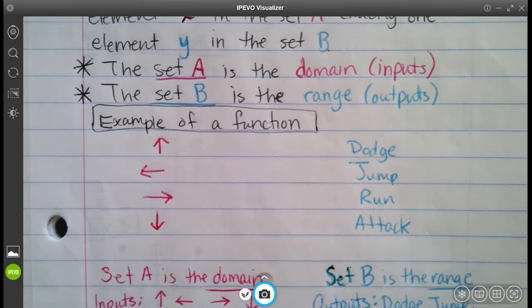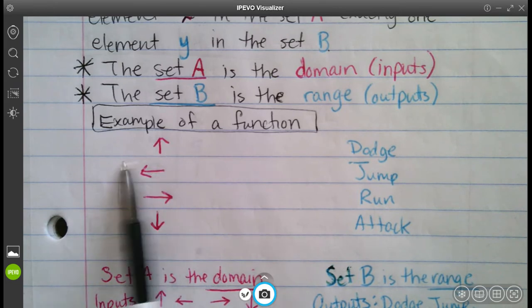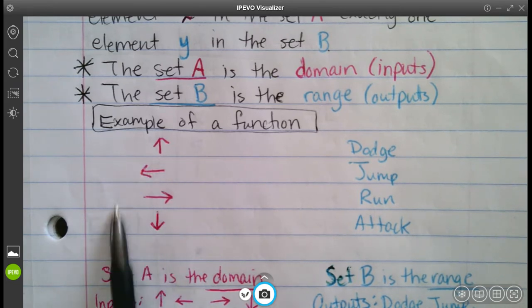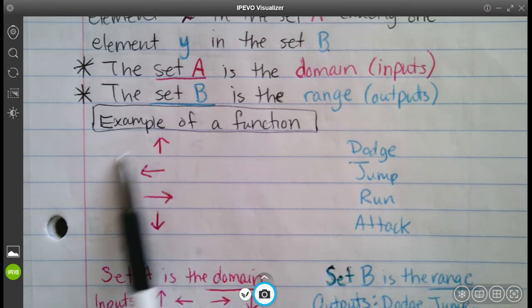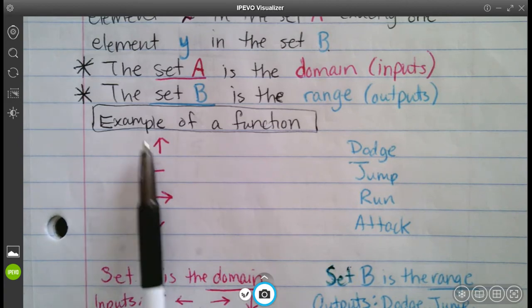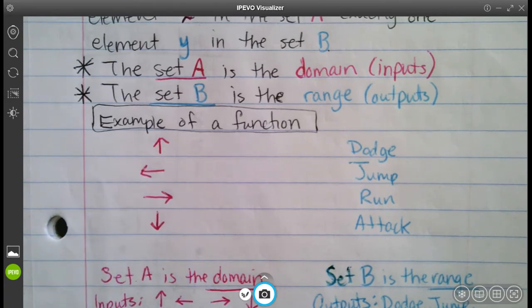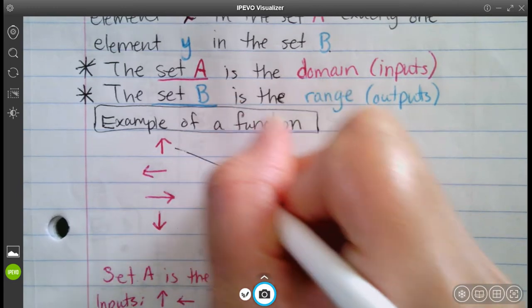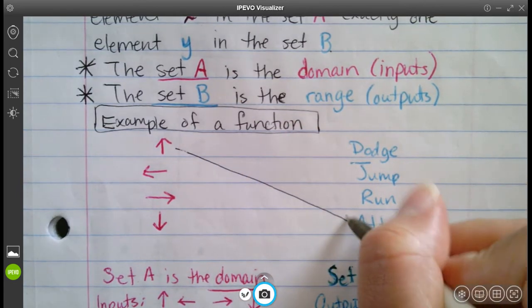We have the control buttons on a PlayStation, remote control, or Xbox. I'm not too familiar with Xbox, but PS4 all the way and all that. But let's say we have these directional buttons. Okay, we can say that the up button might be for, I don't know, the run mode. I'm sorry, the attack mode.